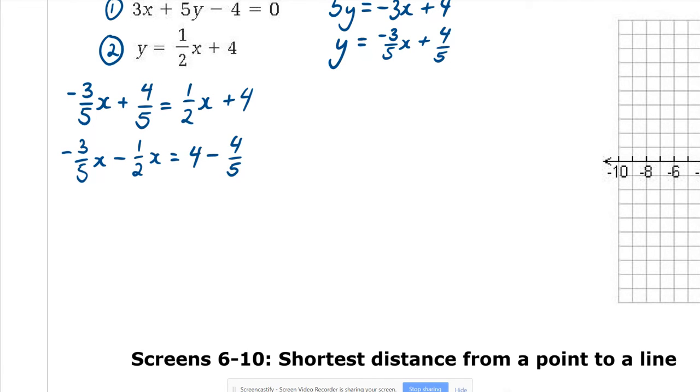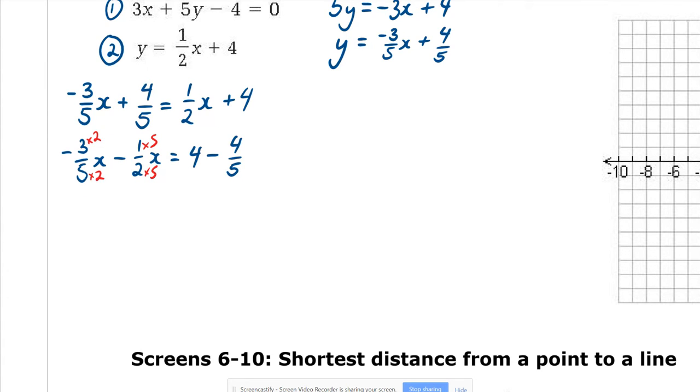Now it's difficult to collect the x terms because they have a different denominator for each term. So I'm going to find the common denominator. The common multiple of 5 and 2 is 10. So I'm going to use 10 as the denominator, which means I have to multiply this fraction by 2, the top and the bottom, and this one by 5.